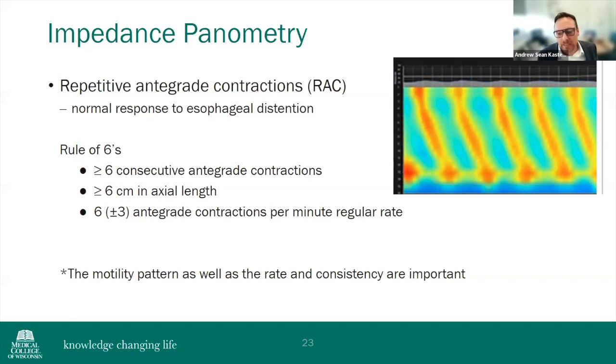They have to be at a rate and consistency that meets criteria: 6 consecutive contractions, greater than 6 centimeters in axial length, at 6 per minute, plus or minus 3. So it's not just the nature of the contraction, but the rate and length of it that's important. This would be a normal contraction pattern.